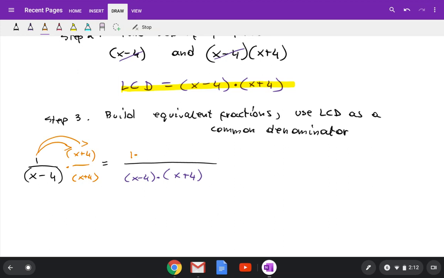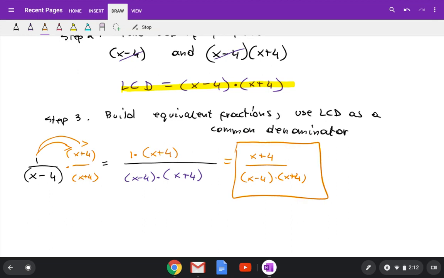So we have 1 times x plus 4, which is the same as x plus 4 over x minus 4 times x plus 4. That's our first equivalent fraction.